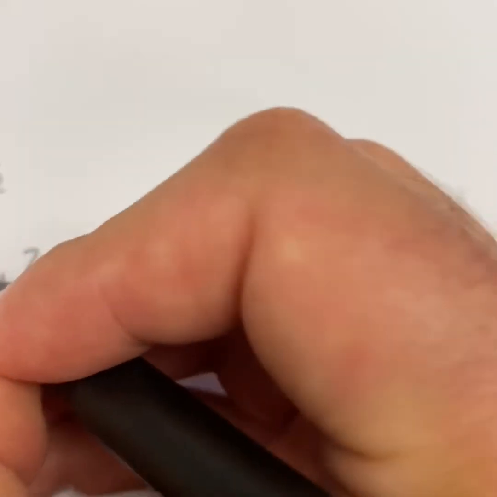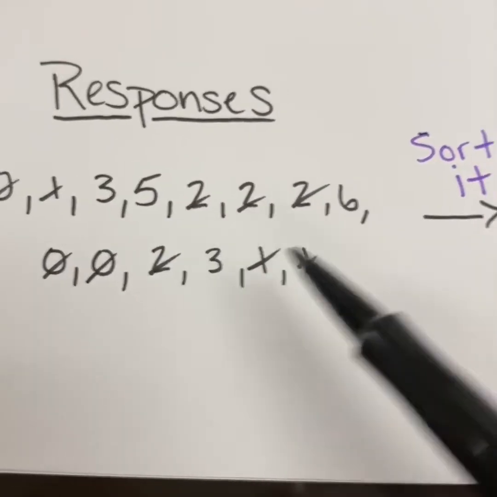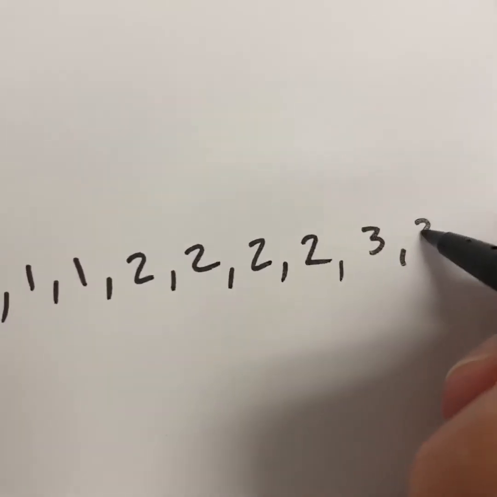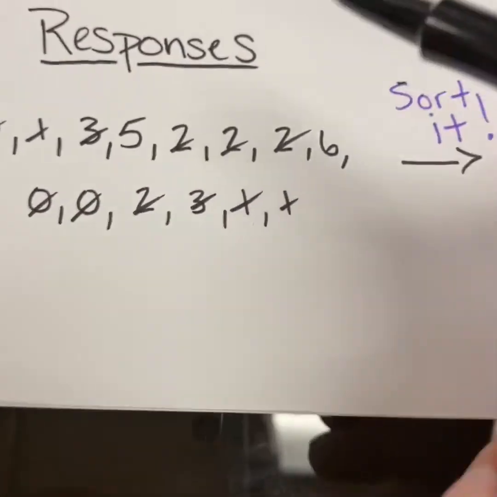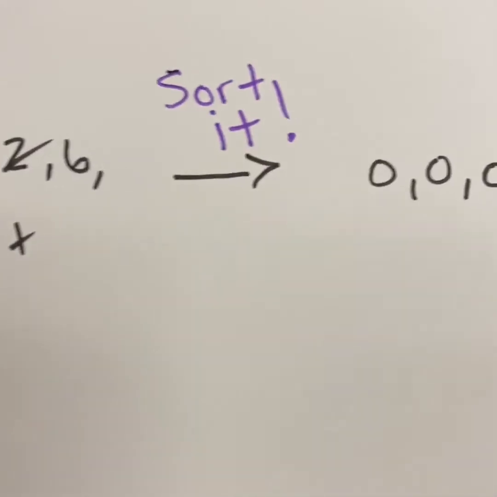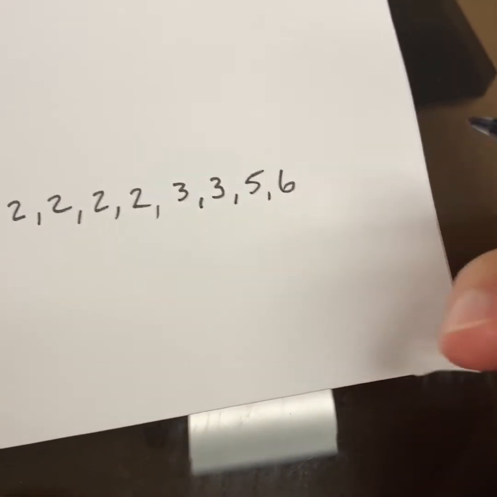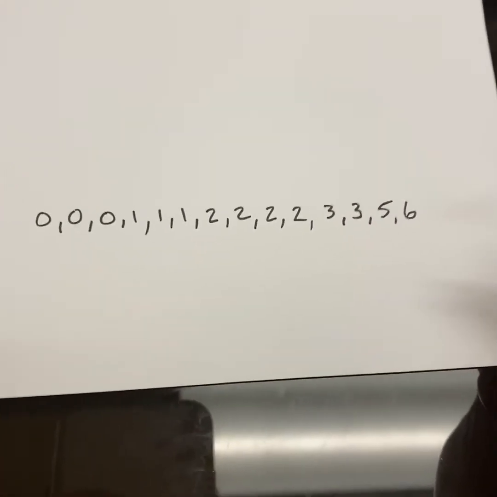We can get rid of all the 2s. How many people said 3 pets? 2 of them. Cross those off. How many people said 5? 1, and 1 person said 6. 5 and 6. So now our data is all in order.